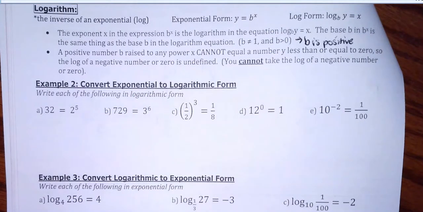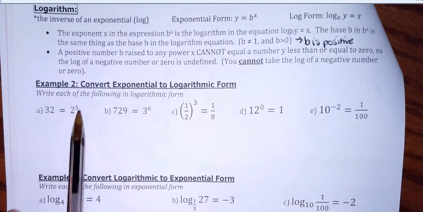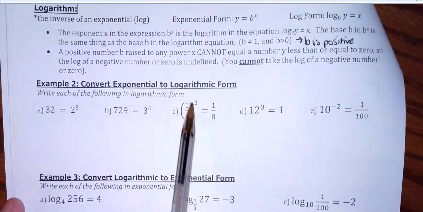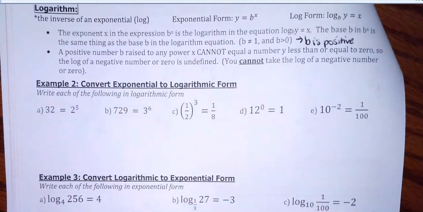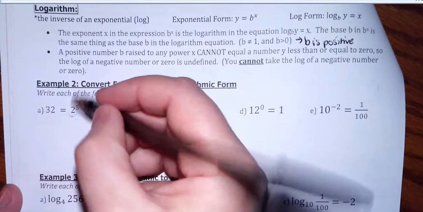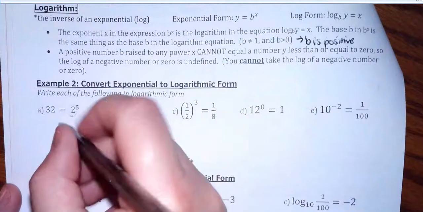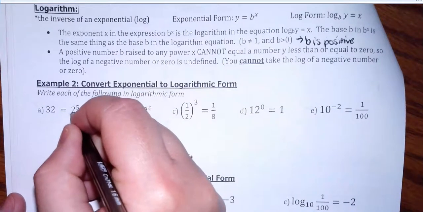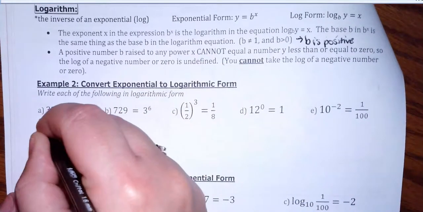So I'm just going to show you how to do this. These can be written in different formats. Some of these are written with the exponent on one side of the equation, some with the exponent on the other side. Here's what I would have you do. You're not solving anything here, we're just converting this to log form. The base of your exponent slides down to the other side of the equation.